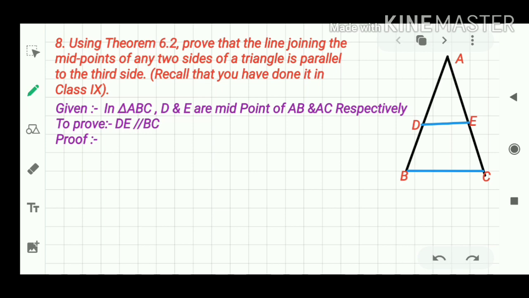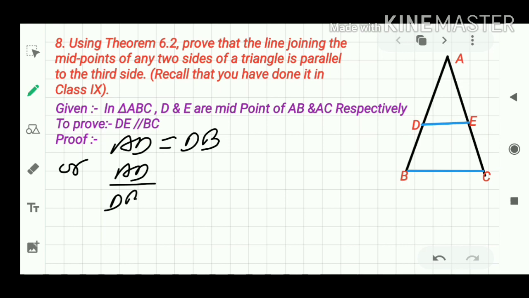So for the proof we write AD equal to DB, because D is midpoint, or dividing both sides by DB, AD by DB equal to DB by DB. If DB and DB are cancelled, then it gives 1. So AD by DB equal to 1. Suppose that this is equation 1.